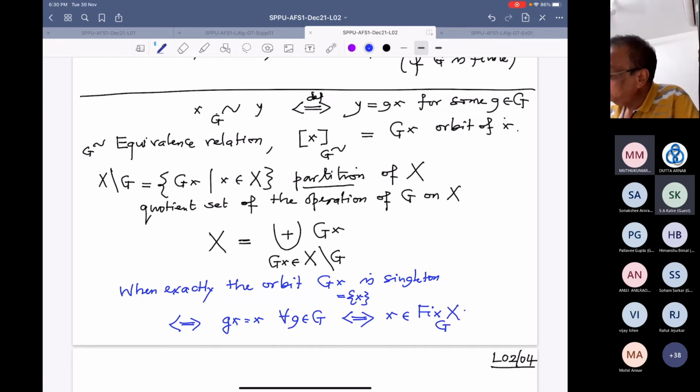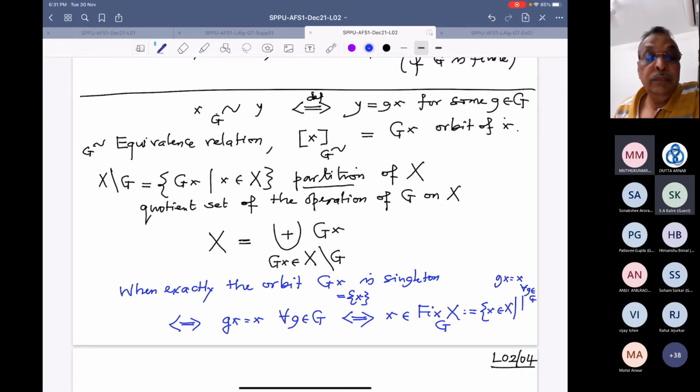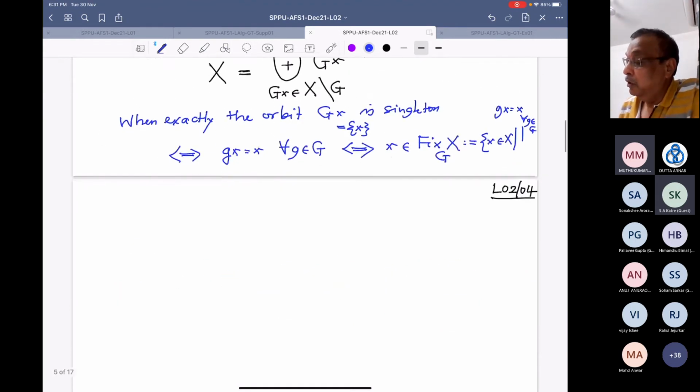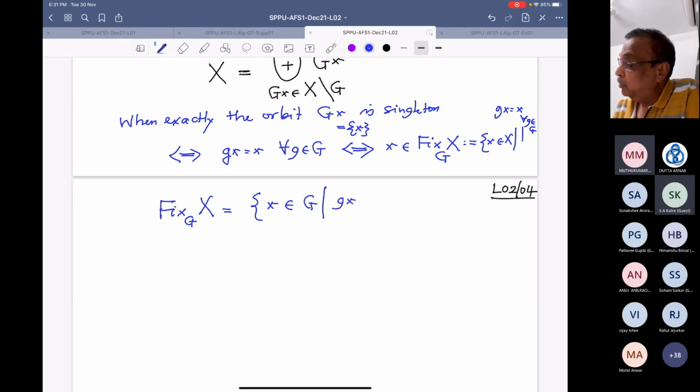And what should this be by definition? All those elements x in X such that g of x equals x for every g. That is the fixed set. I will write on the next page again. So Fix(G) is precisely all those elements x in X such that gx equals x for every g in G, fixed under every g.